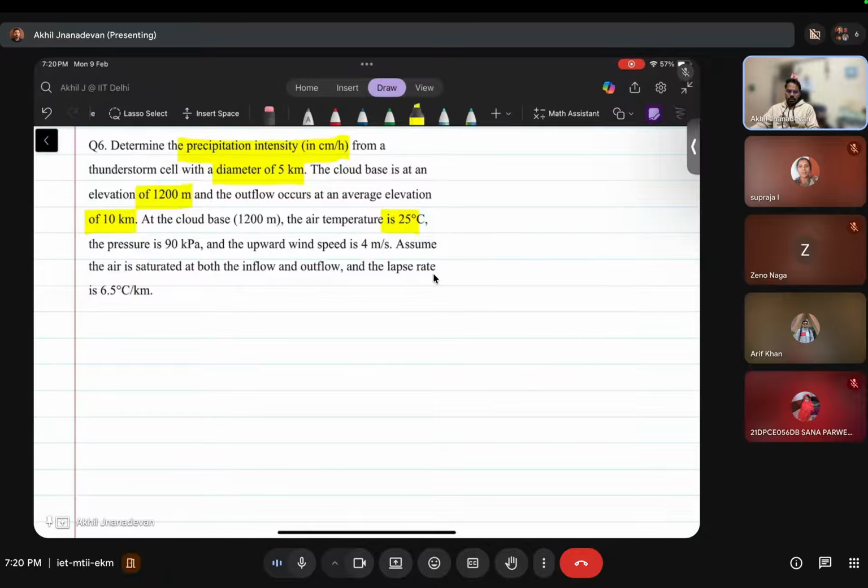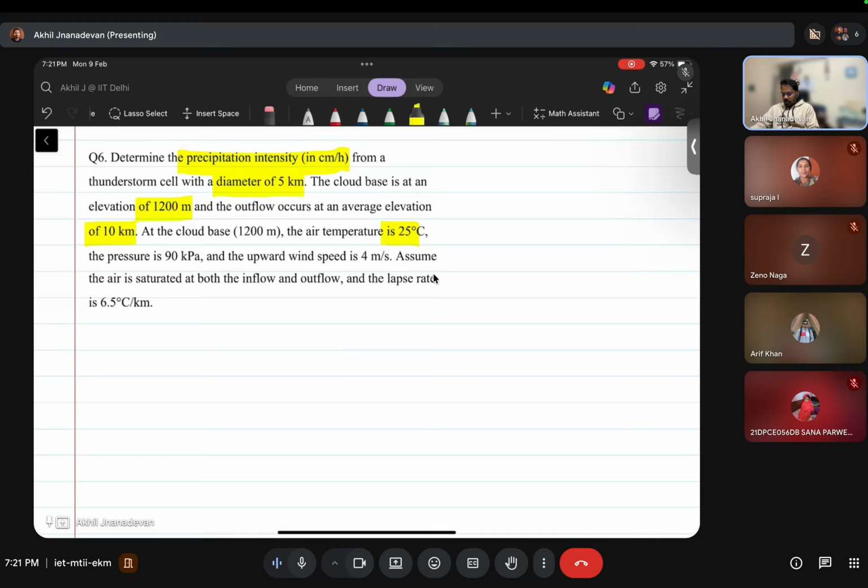So here instead they have already given the parameters at the base of the thunderstorm cell. Then we can find these parameters at 10 km elevation, and then we can proceed with the direct equation which we have derived and solve for the intensity, right?